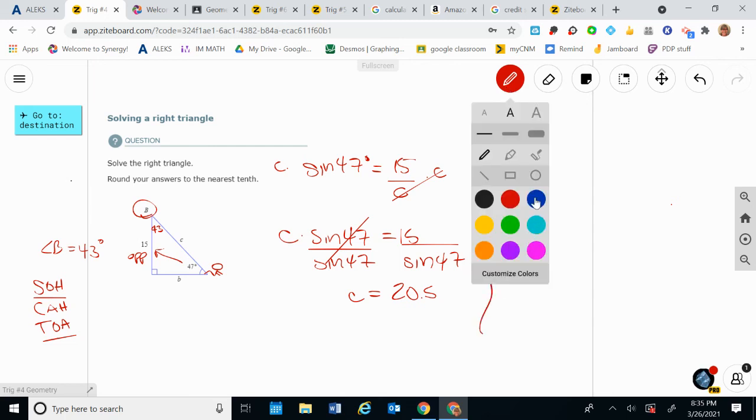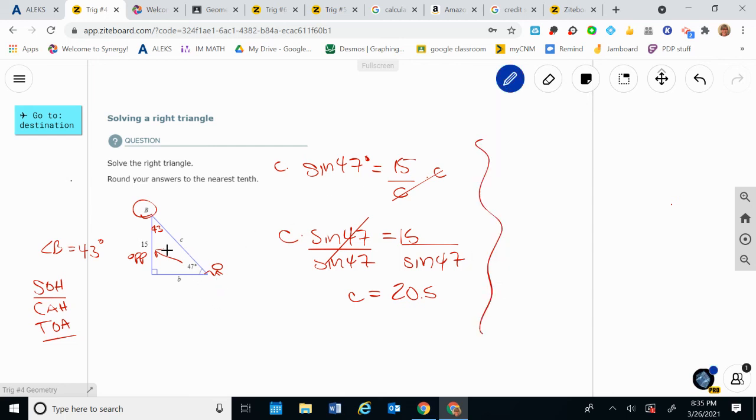Then I'm going to use trig. Again, if I got 20.5, I could use Pythagorean theorem at this point: b squared plus 15 squared equals 20.5 squared. Or I can use trig. I'm going to use tangent. Tangent of 47 degrees is equal to 15 over b, opposite over adjacent.